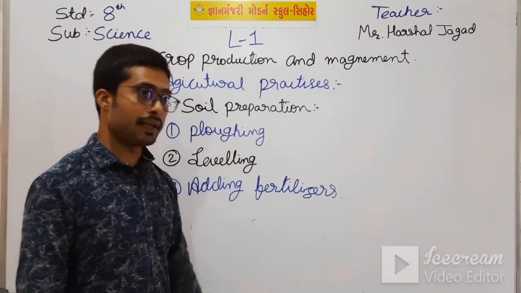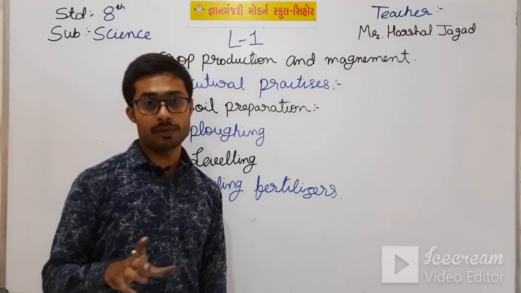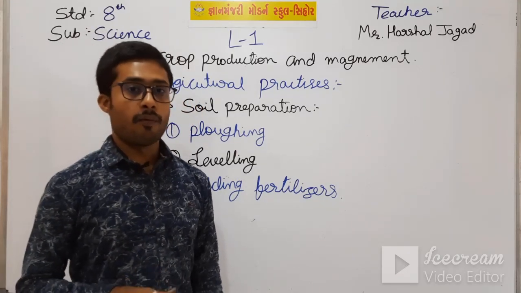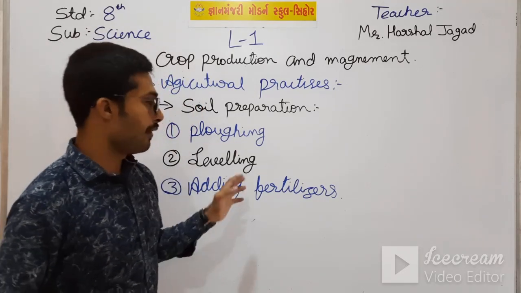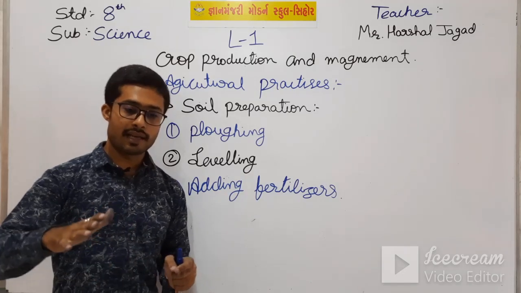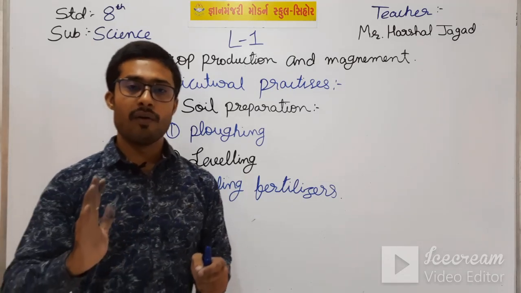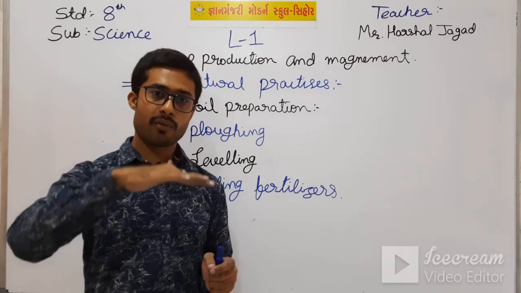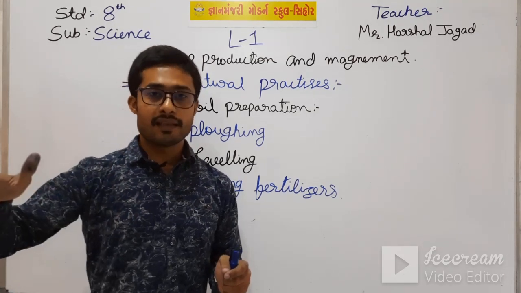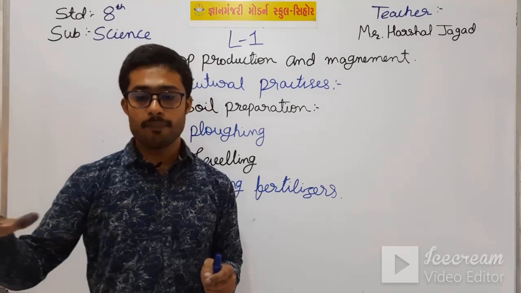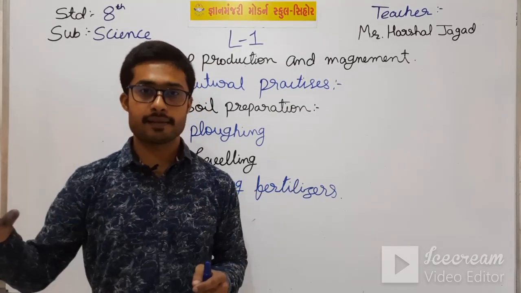Okay, and now leveling. Nowadays the leveling tools are also there. Okay students, leveling means that there are some mountain-like structures over the soil, and leveling the soil means making a plain surface.